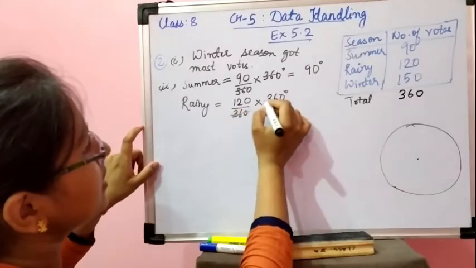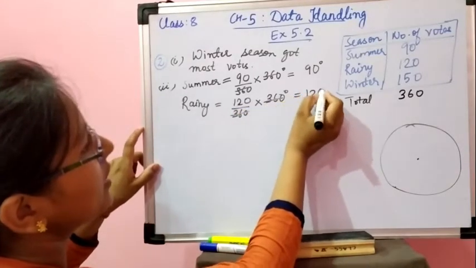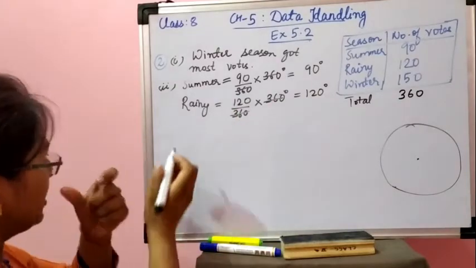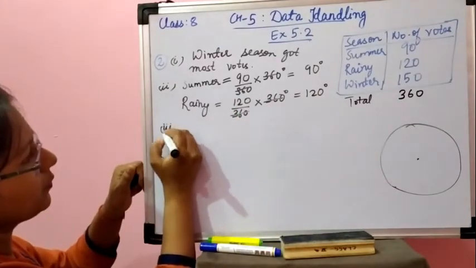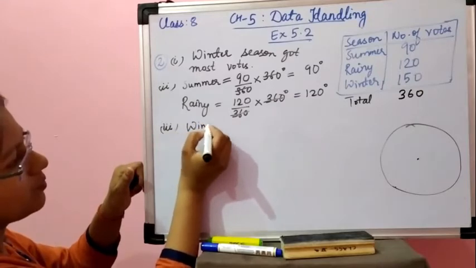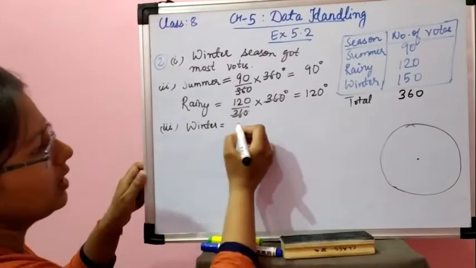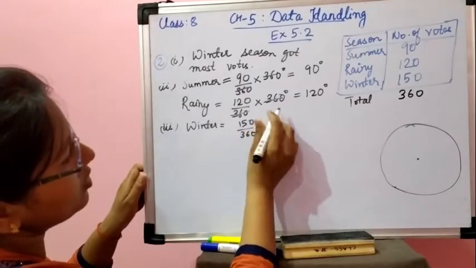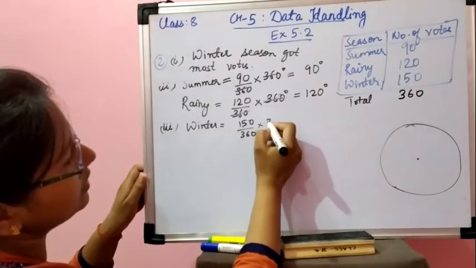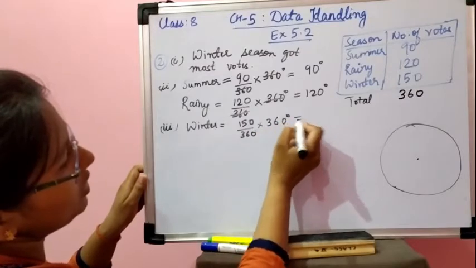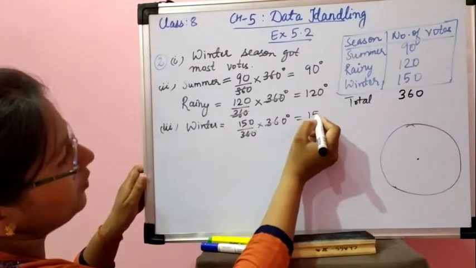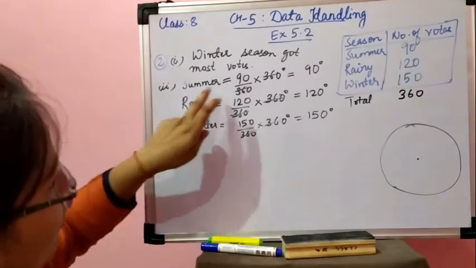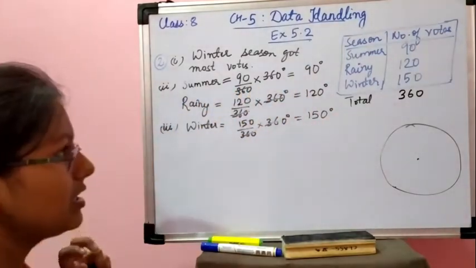Then again 360 cancels out, 120 degrees. So 120 degrees is the angle for the rainy season. And then for the third part, that is winter: it is 150 upon 360 into 360 degrees, which means 150 degrees. So in this way we have found the central angles for each season.